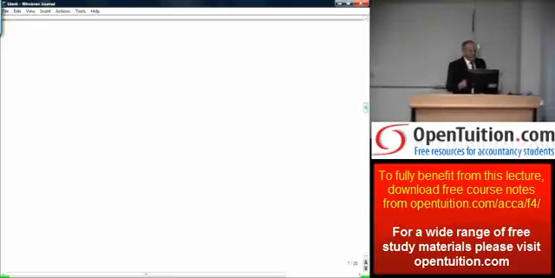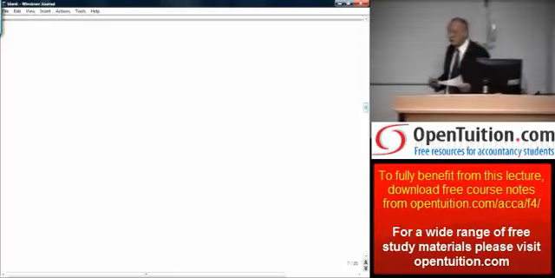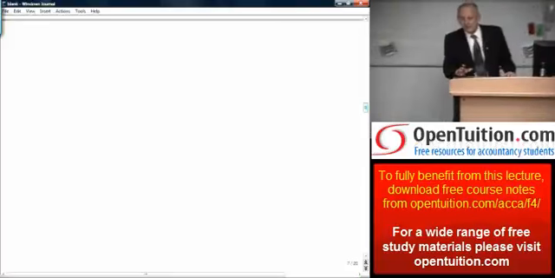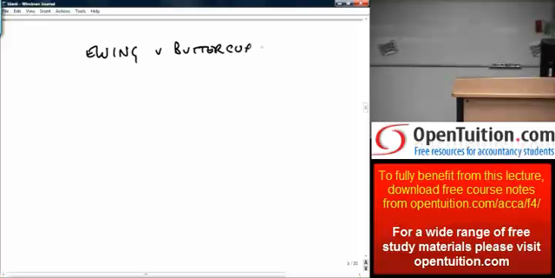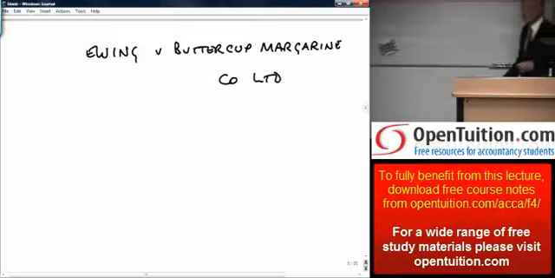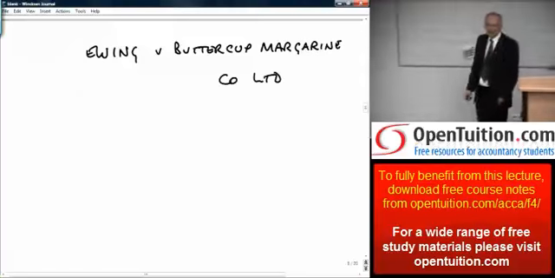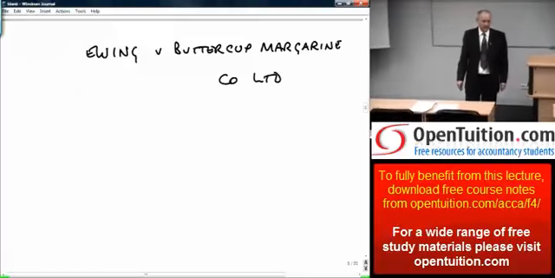So there is a case which is always mentioned whenever this question comes up. This is the case to mention. It's the case Ewing and Buttercup Margarine. It's in your notes. And you can see straight away the confusion that is likely to result in the minds of the public. The names are so similar that everyone's going to be confused.